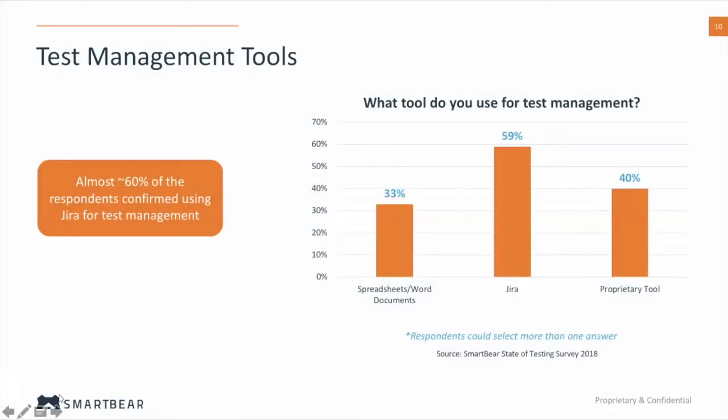We saw that almost a third of respondents did use spreadsheets, and almost 60% confirmed using Jira for test management. So that is in line with what we saw in our poll today too. That is why our focus today is to demonstrate how you can really optimize your test management with a native solution like Jira in its Data Center deployment.